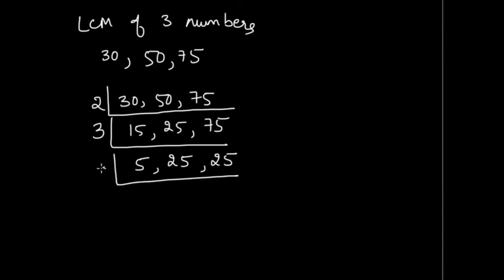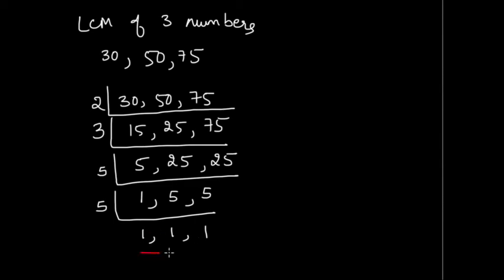Now we can go for 5 because that would be the logical thing to do, since these numbers here are not divisible by 3. So 5 by 5 is 1, 25 by 5 is 5, and again 25 by 5 is 5. Let's do one more step with 5. 1, 1, and 1.